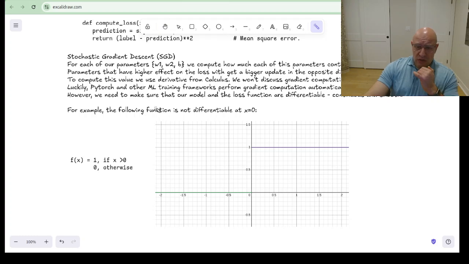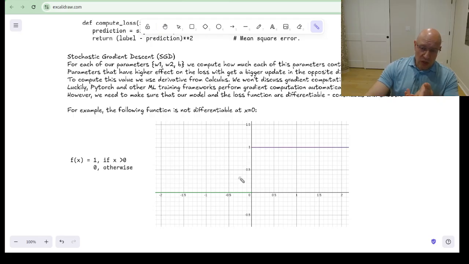So here's an example of a function that is not continuous. I'm saying if x is bigger than 0, then the value is 1, and otherwise 0. So this function goes like this: for all negative values of x it's 0, and then suddenly it jumps to 1. So this is not a differentiable function.